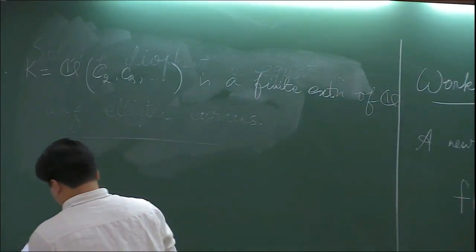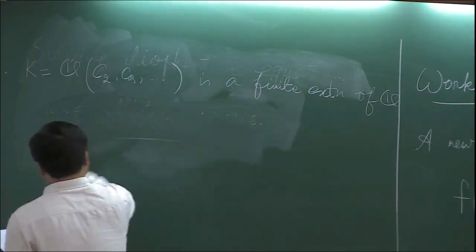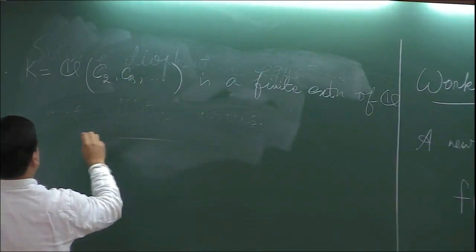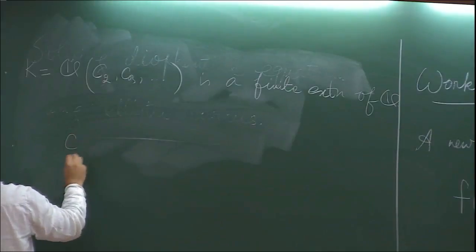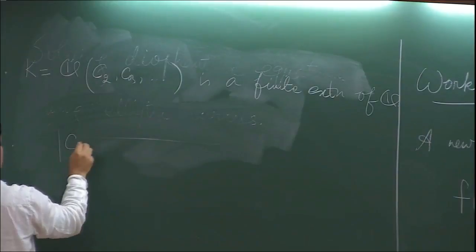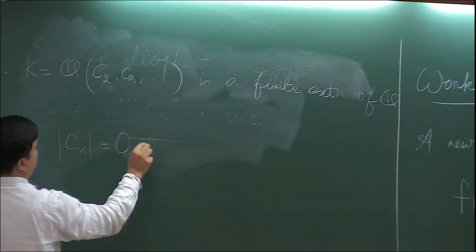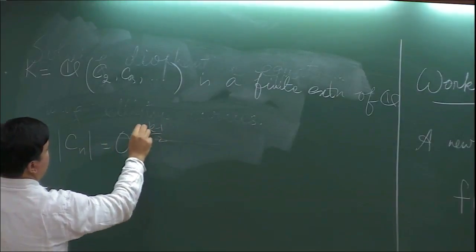Okay? And you know that if you take Cn, this is big O of n to the power of (k minus 1) by 2, right?